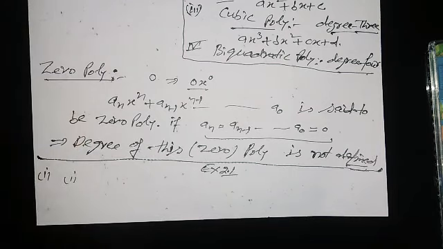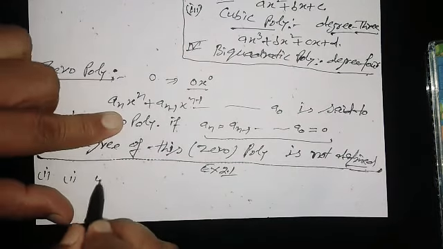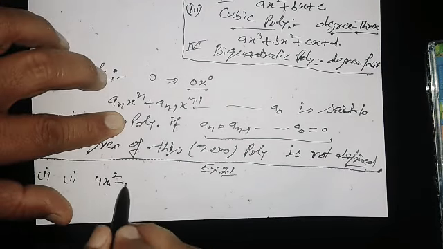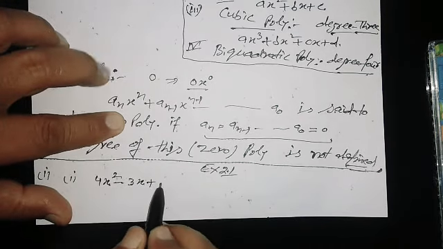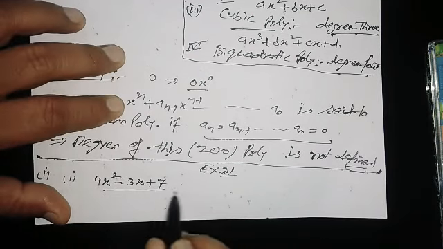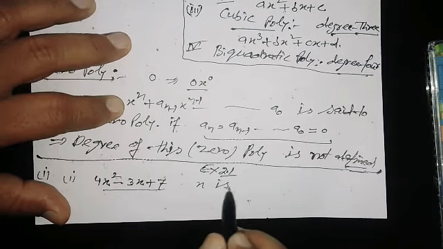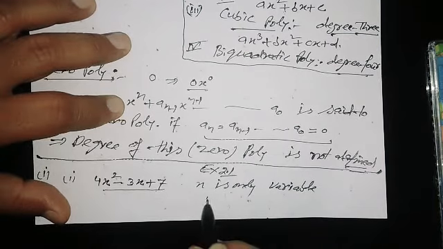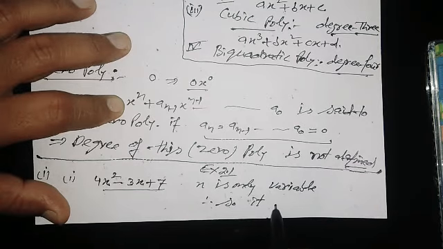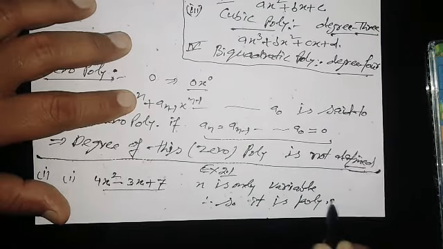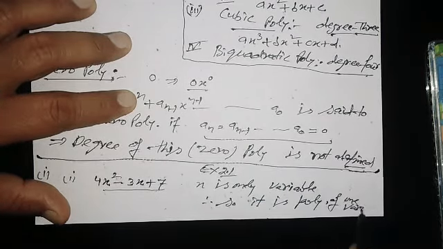So in these given questions, all are polynomials, but we have to define whether it is of one variable or two variables, or not of one variable. As in these expressions, x is the only variable, so it is a polynomial of one variable, right?